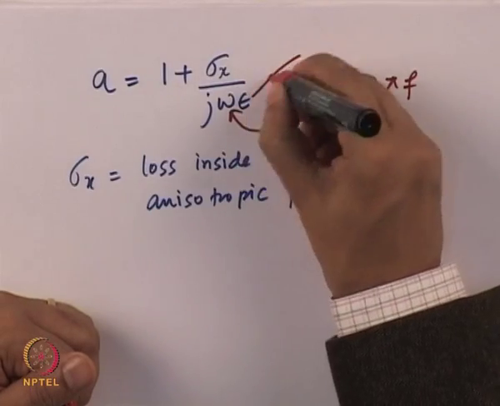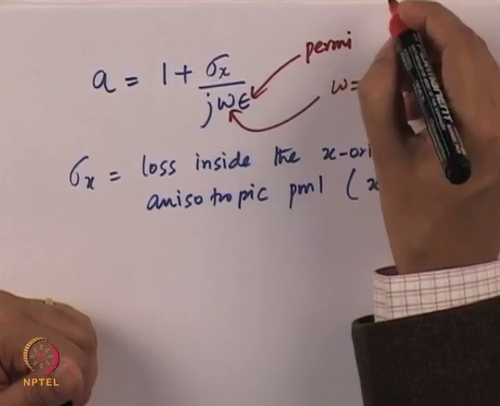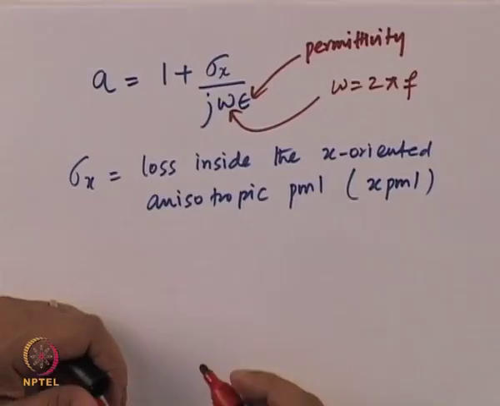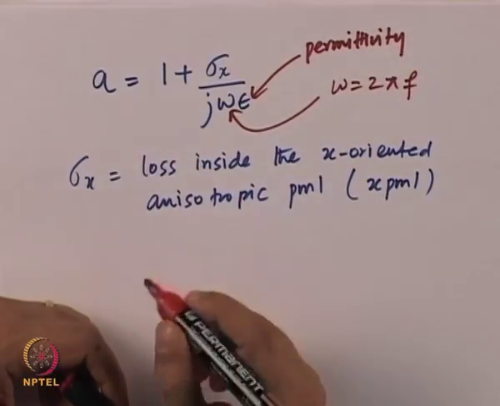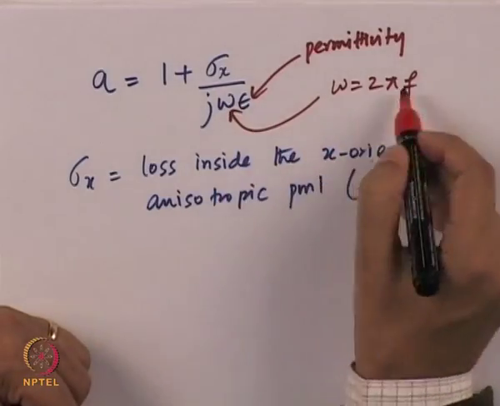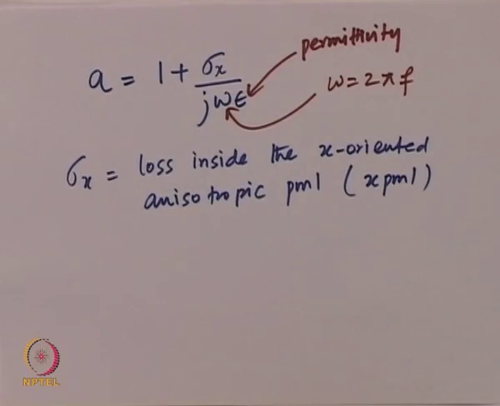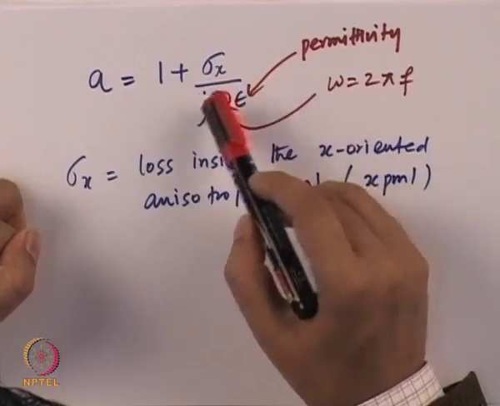It is also going to depend on the permittivity inside that medium. So there are going to be a lot of factors. It is going to depend on the loss, it is going to depend on the frequency, it is going to depend on the permittivity.